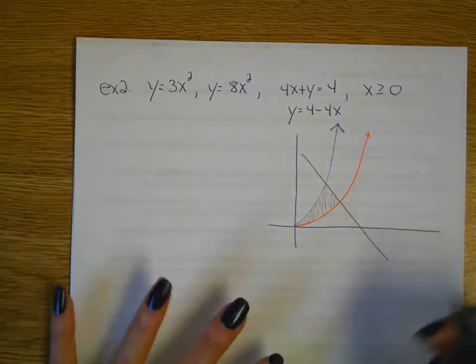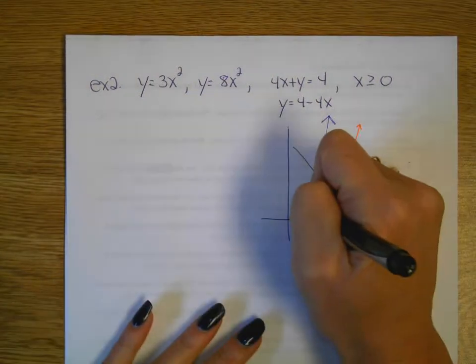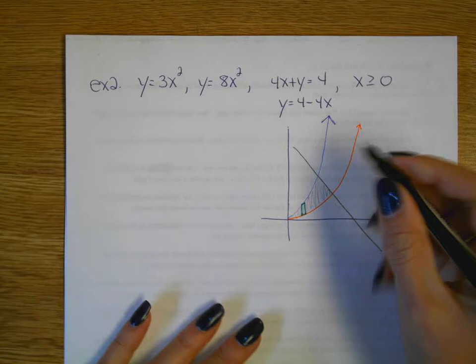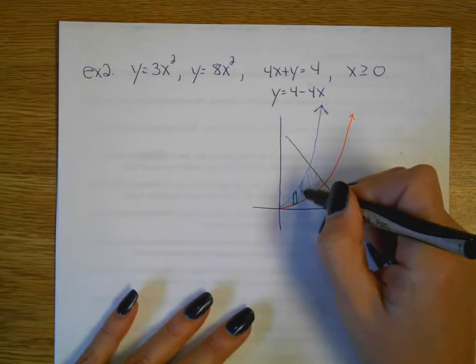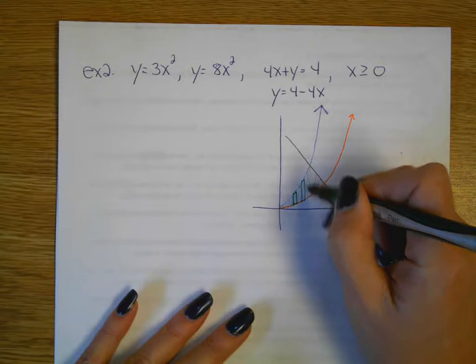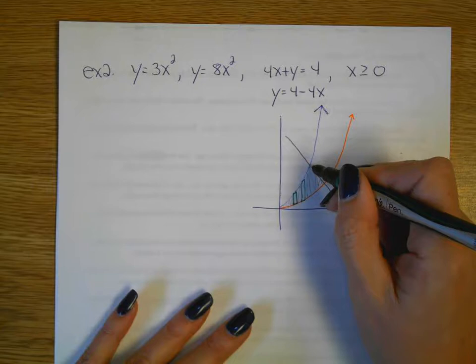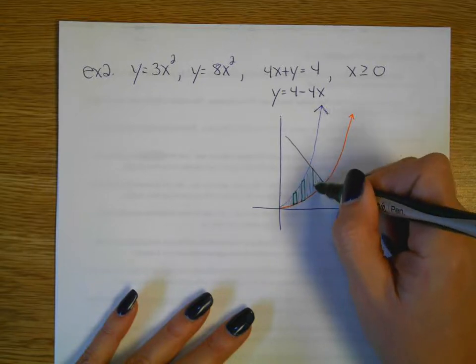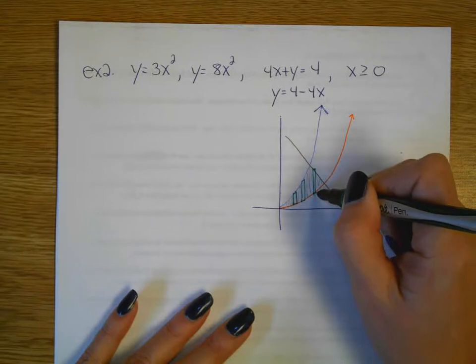But if you think about drawing your rectangles in here, let's go with this. When I start out, the height of my rectangles are all blue function minus orange function, until I get to this intersection. Once I cross over, now when I draw a rectangle, it's the line minus the orange function.